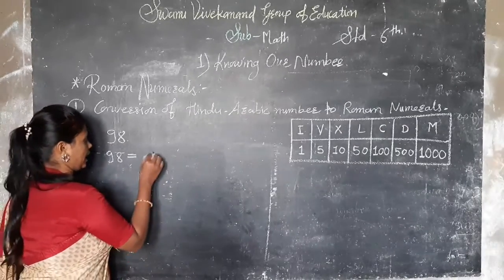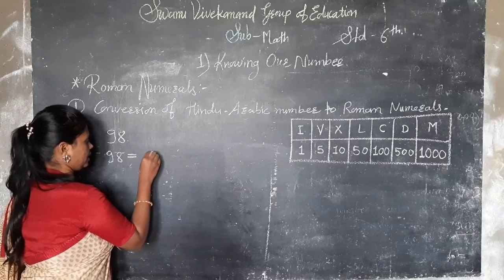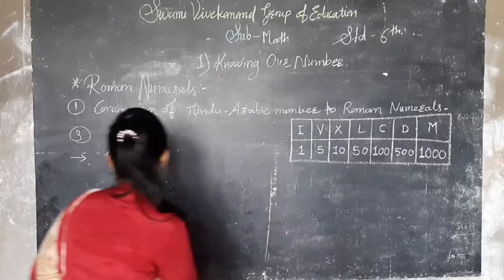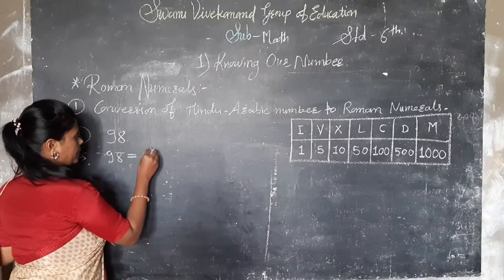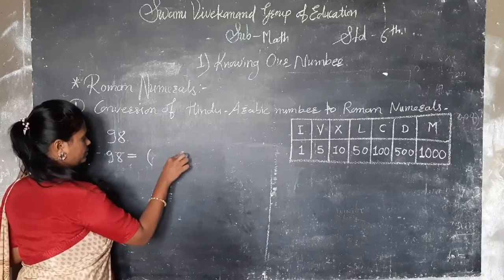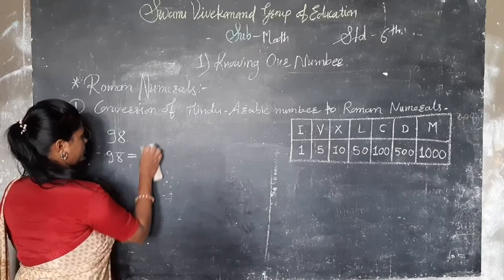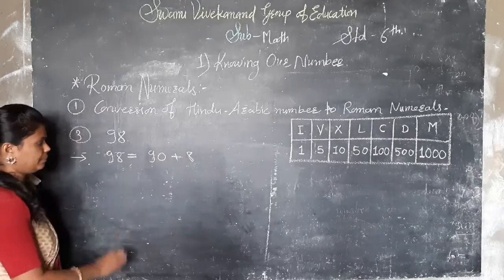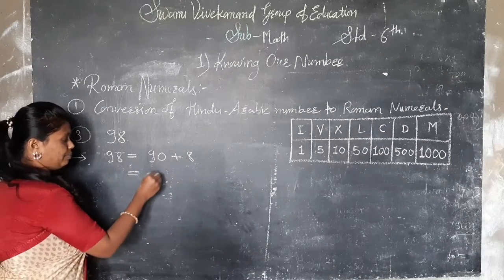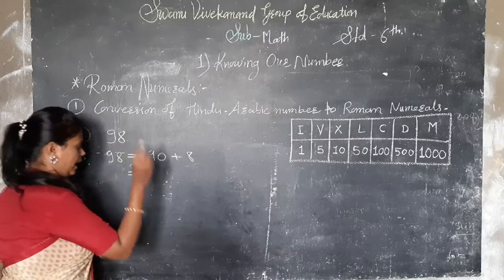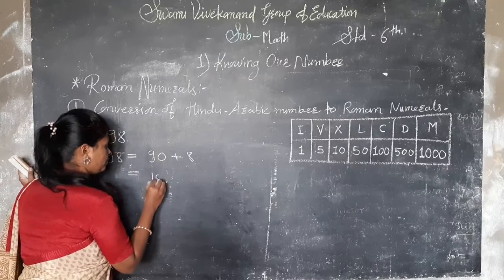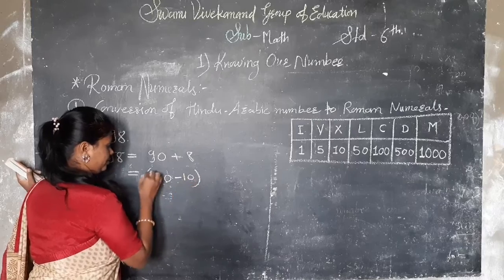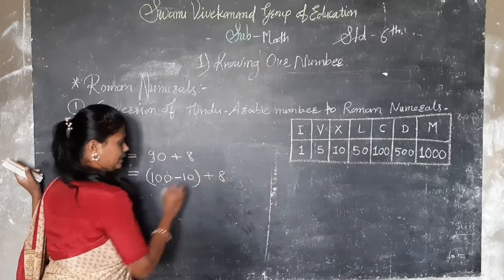Okay. So here I am going to write 100. One more thing I am going to do here: 90 plus 8. This is a simple one step. The next one, 90: 50 plus 40? No. I am going to write that 90 in the form of 100 minus 10, and then plus 8.